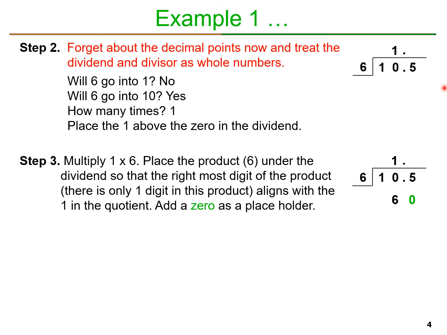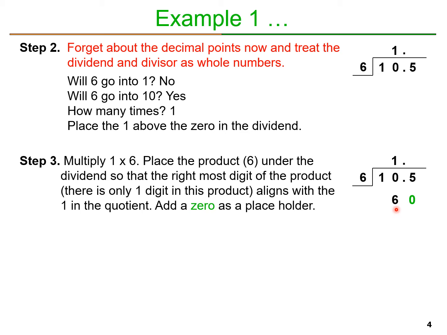In step 3, multiply the 1 and the 6. 1 times 6 is 6. Write the product under the dividend so that the rightmost digit of the product aligns with the 1 in the quotient.